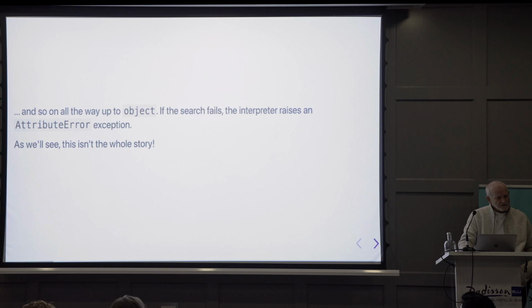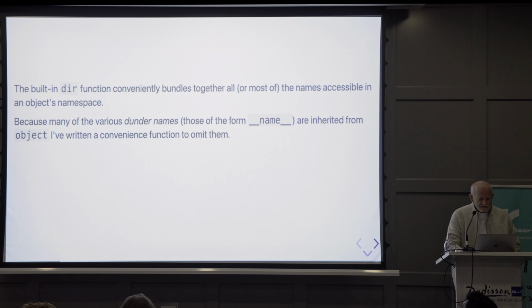But things are just a little more complicated than that. There is a built-in function, dir, which you've probably all used, and that conveniently bundles together all of the names, well, most of the names that are accessible. But there are various dunder names that are common to all objects because they're inherited from object.